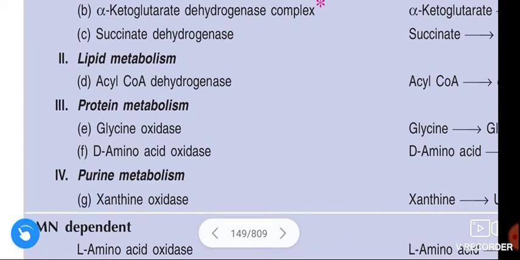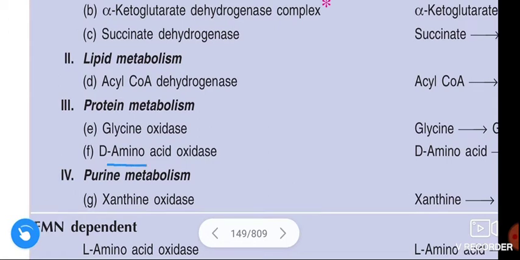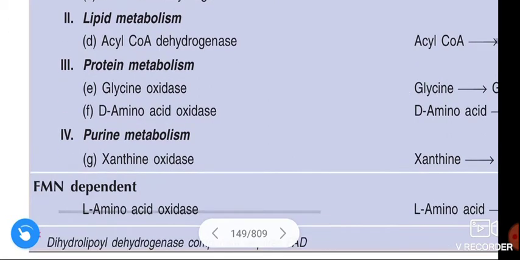In protein metabolism, enzymes that depend on FAD are glycine oxidase and amino acid oxidase. When it comes to purine metabolism, the FAD dependent enzyme is xanthine oxidase.